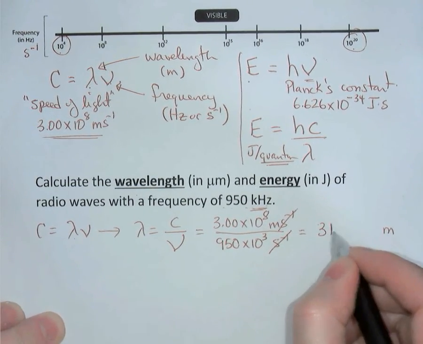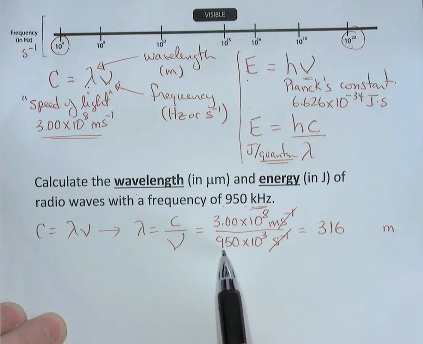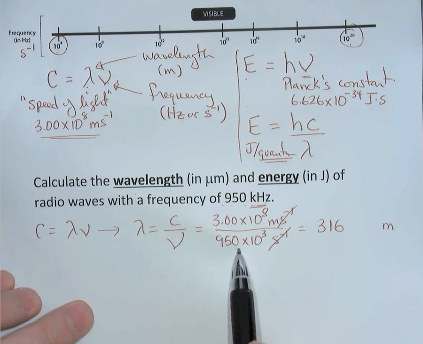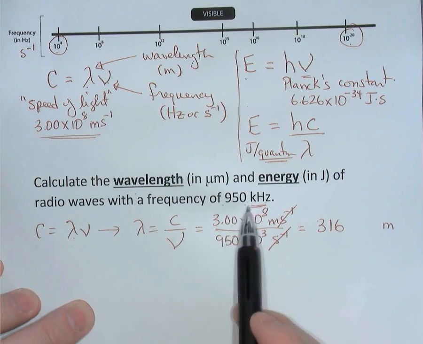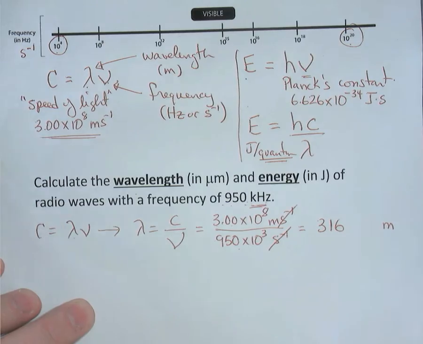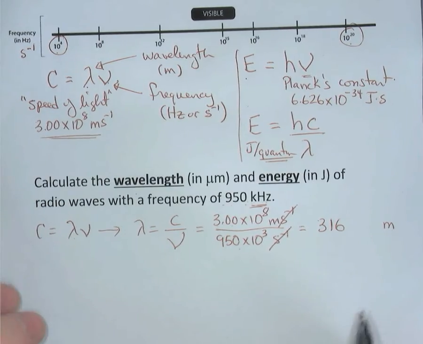I'll keep 3 significant digits because there were 3 digits in the speed of light and 3 digits in that frequency. Technically, the frequency is a little unclear whether it's 2 sig figs or 3. I'll assume it meant 3. So 316 meters.